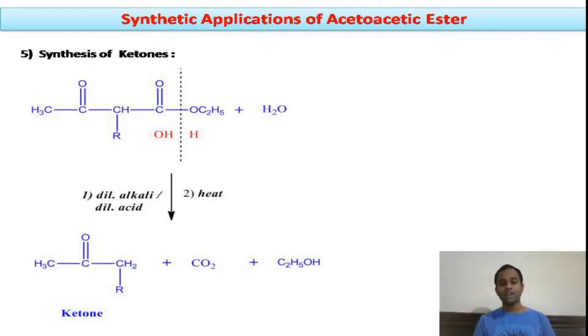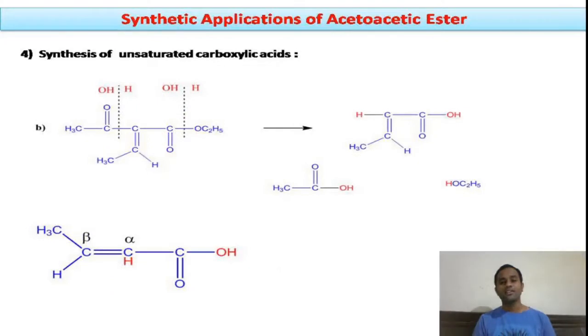Up to now, we have concentrated on the preparation or the synthesis of carboxylic acids. We know in acid hydrolysis only we will get the carboxylic acid as the main product. In the previous synthesis, we performed the acid hydrolysis on the acetoacetic ester.